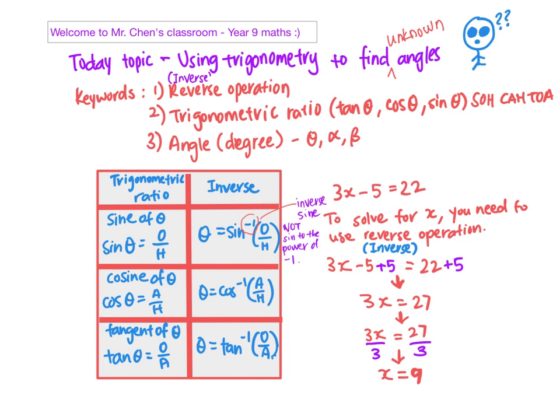The second one is your trigonometric ratio: tangent theta, cos theta, and sine theta. All of these have a short form, SOHCAHTOA. I hope you remember that from previous videos. And the last one is angles, which are in terms of degrees. We have theta, alpha, and beta.